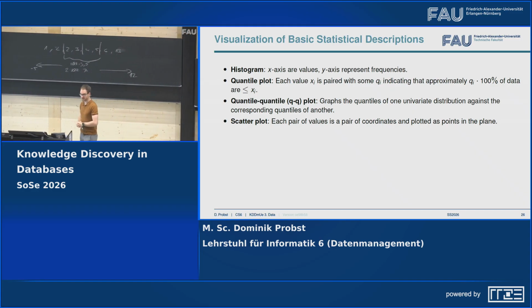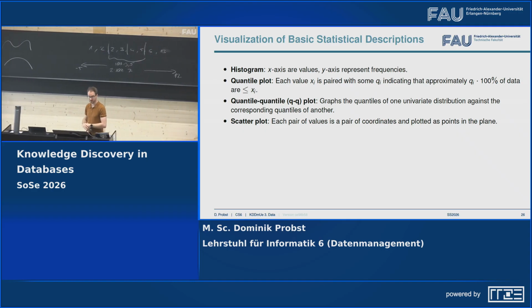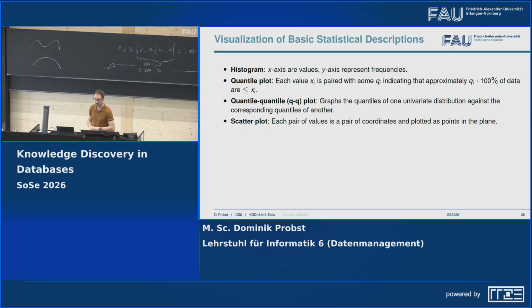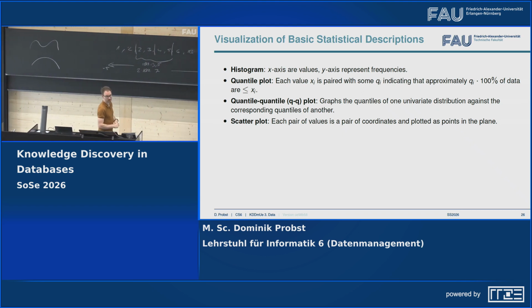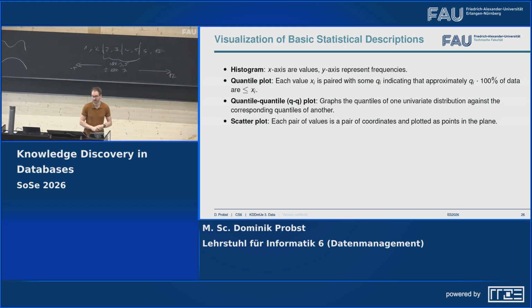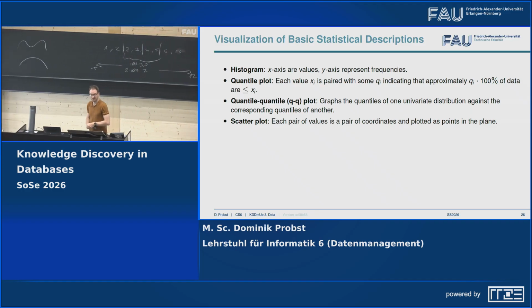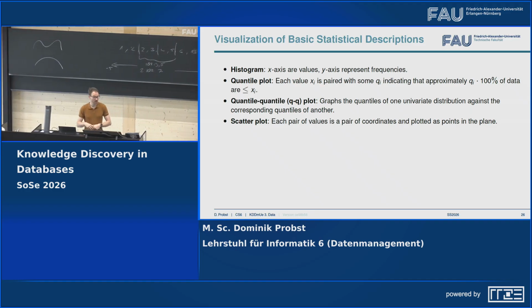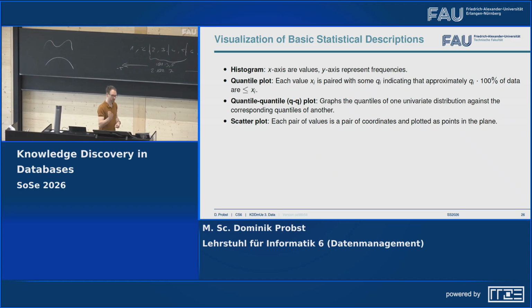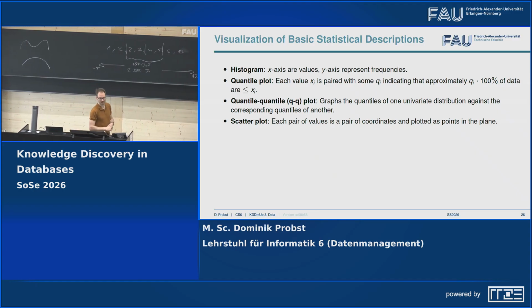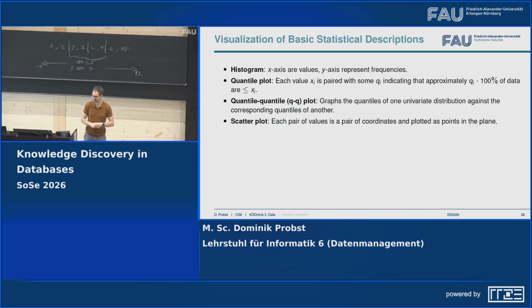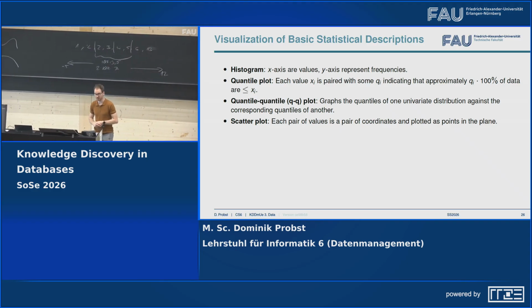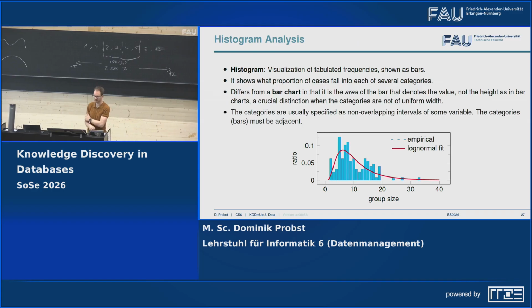Another visualization technique for basic statistical descriptions that is often used is, for example, a histogram. A histogram is also something we will see a lot during the semester. We can also use a quantile plot, something I will explain in a second, and we can also use a scatter plot. Let's first start with a histogram.